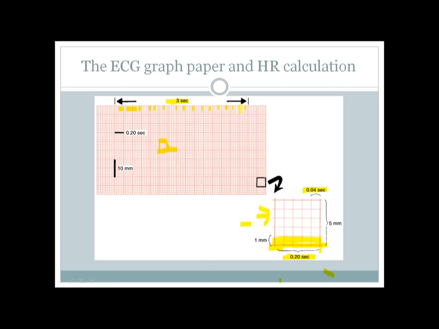So about 15 large boxes pass in about 3 seconds. And for 1 second you will have 5 large boxes passing through the ECG machine. So I'm breaking it down to give you an idea of how we got this time measurement.